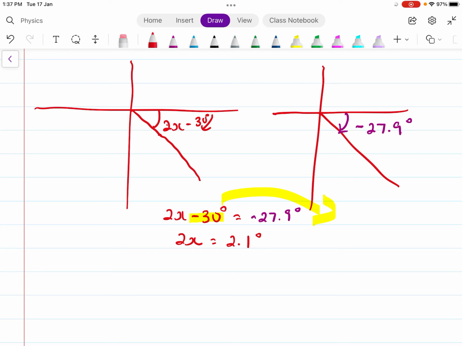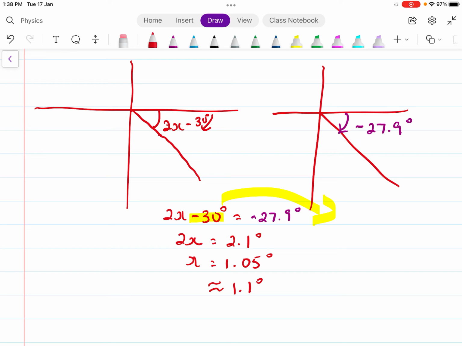So x will be equal to, divide by 2, roughly 1.05 degrees, so this is 1.1 degrees. Because x is 1.1 degrees, it means it's in the first quadrant, so it's okay. Just think of this, especially when you go to negative angles, things get a bit more complicated.